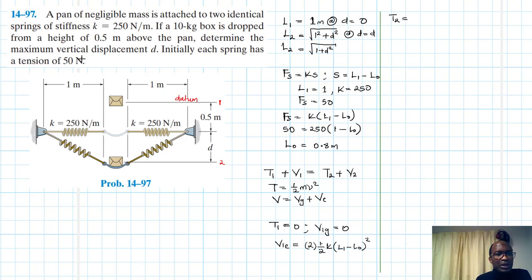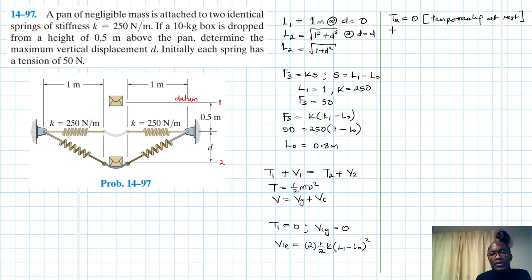So we are determining the maximum vertical displacement, which means at this particular position the system will be temporarily at rest, or temporarily stops.